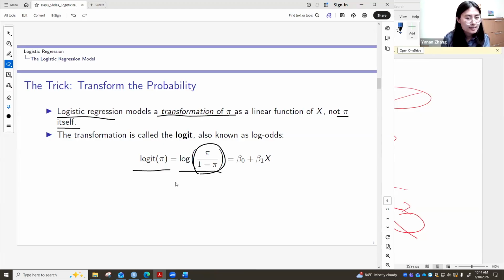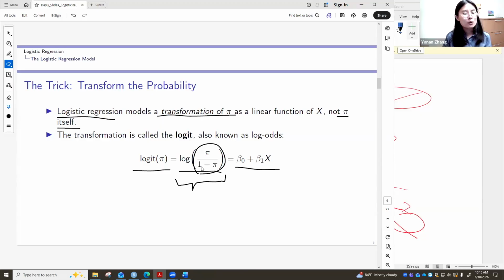So logistic regression does not model the probability directly. It models the log odds. And then on the right side of the equation, it is the linear combination as we did before. Now, why does this work? We can think about the possible values, the range for the left side of the equation. We know pi is from 0 to 1.